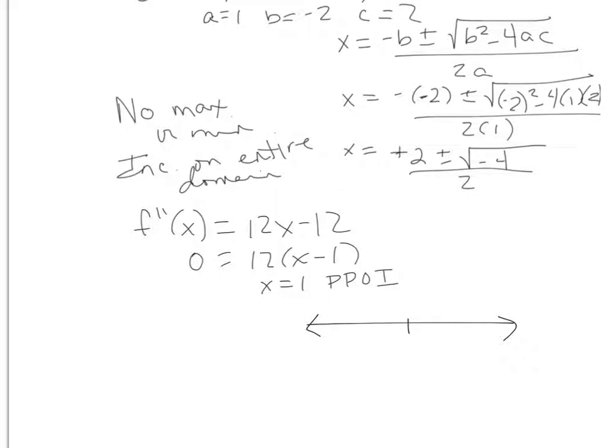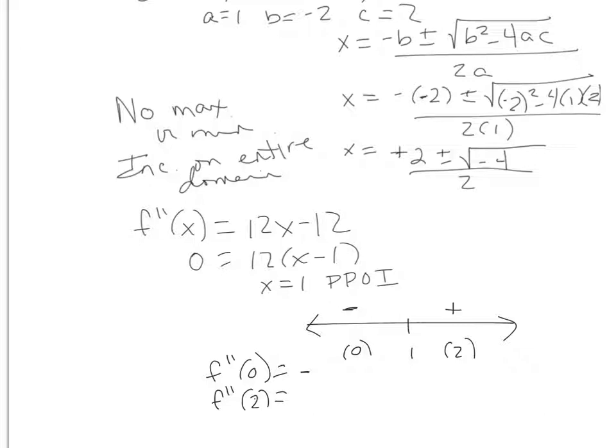Okay, here's 1. Give me something to the left. 0. And something to the right. 2. And I'm going to be plugging that into which function? Second derivative. So I need to find f double prime of 0. And if I go back up here, is that going to be a positive or a negative? It's going to be a negative. And if I plug in positive 2 to the second derivative, that's going to give me what sign?